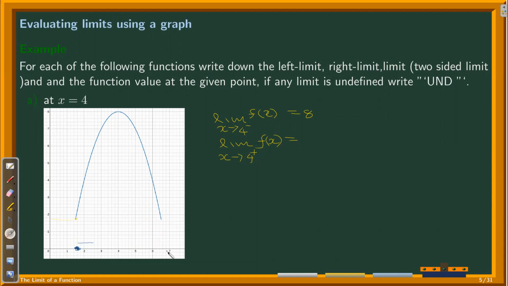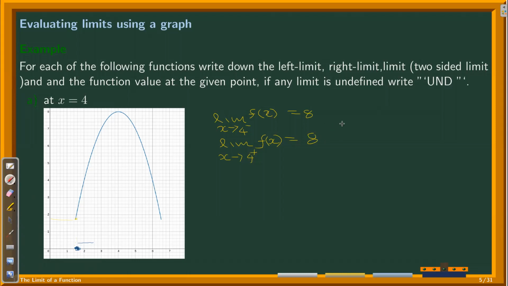As x moves from the bigger side, the corresponding point on the graph climbs along the graph, and the y coordinate corresponding to that point goes to 8. So this is also 8.